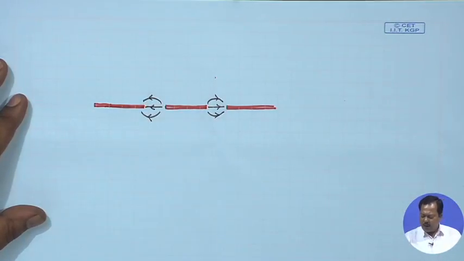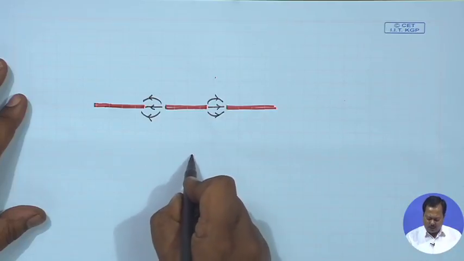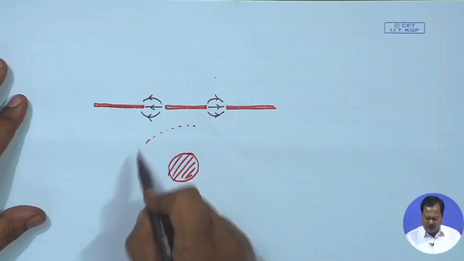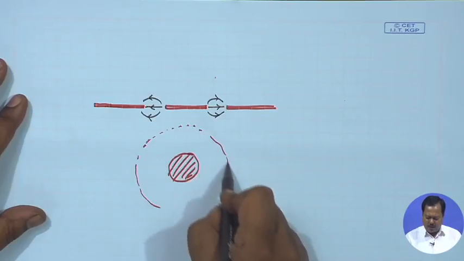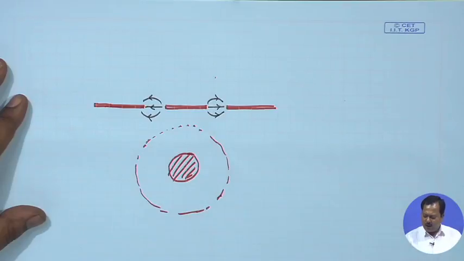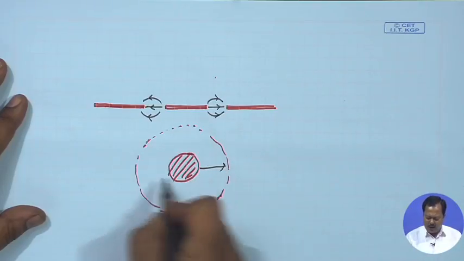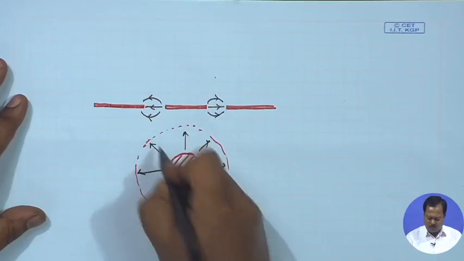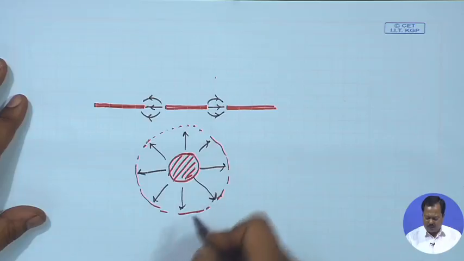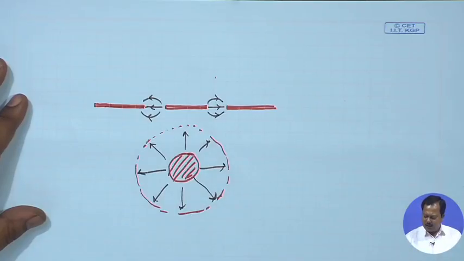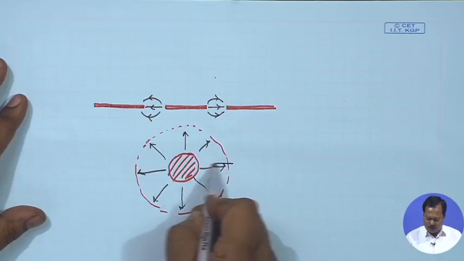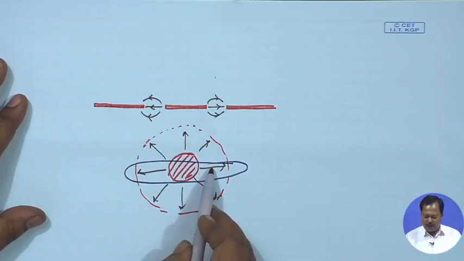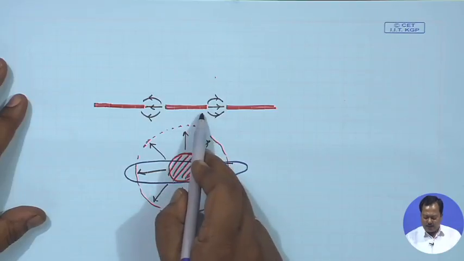Now, if I compare these field lines with those of a coaxial cable, this is the central conductor of the coaxial cable, and this is the outer conductor of the coaxial cable, and inside we have the TEM field configuration. So, you see, simply we can use this part of the coaxial cable and connect it directly to the CPW line.